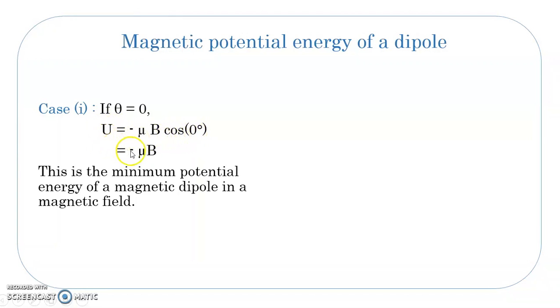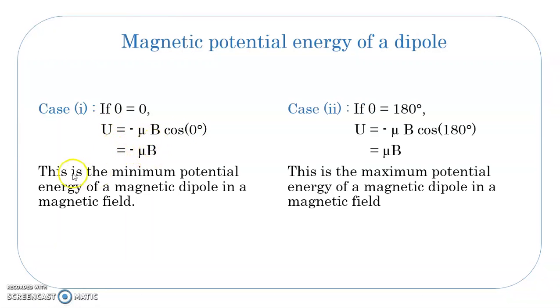So U will be equal to minus mu B. This is the minimum potential energy. So the magnetic potential energy is minimum when the magnetic dipole moment of the coil and the external magnetic field are parallel to each other.